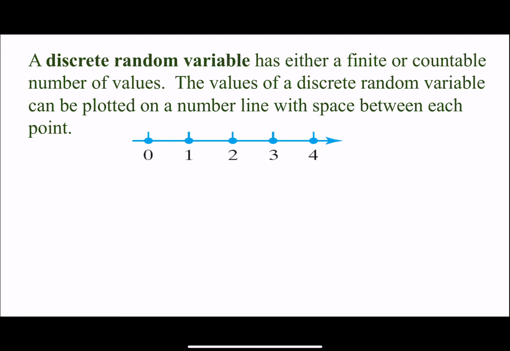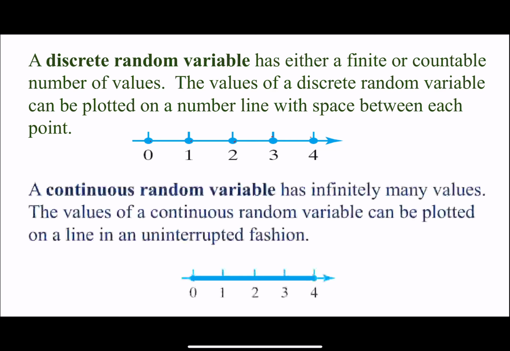We've talked about discrete before. When we graph discrete, we graph it as points. We do not connect those points. You have to lift up your pencil or pen to get to each individual piece of data. But a continuous random variable is when you don't lift up your pencil. All the values in between are also valid. Rolling a die and the outcome of that would be discrete, because those are just counting numbers. You can't get 1.5 when you roll a die.